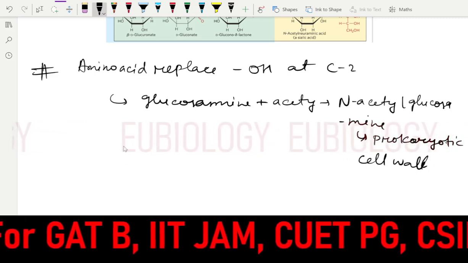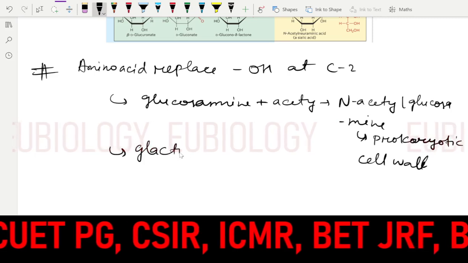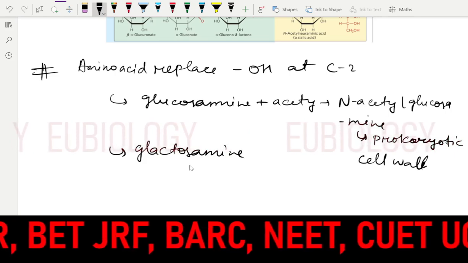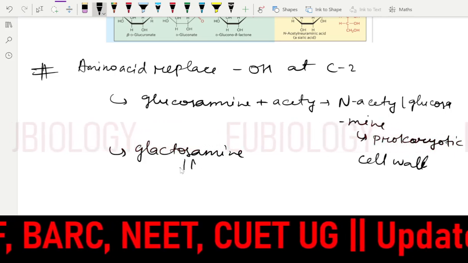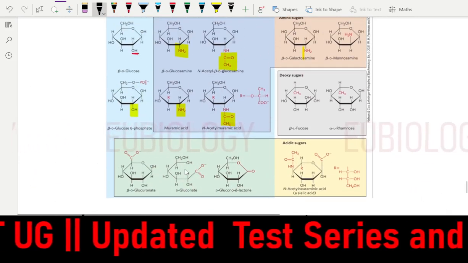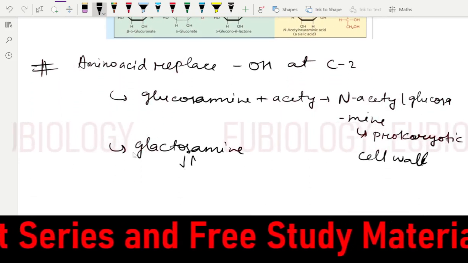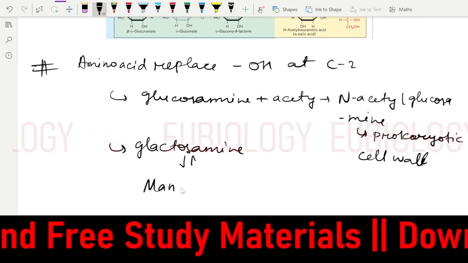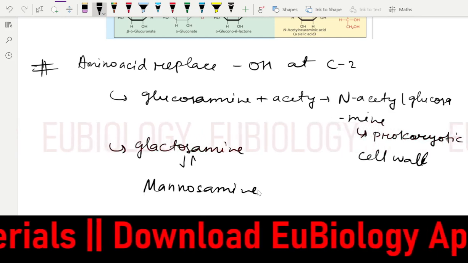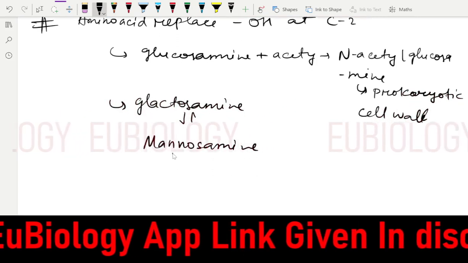Another is what? Galactosamine. It will form what? Okay, or it can change into manosamine. Galactosamine can change into the amine. And manosamine will condense with the acetyl group.